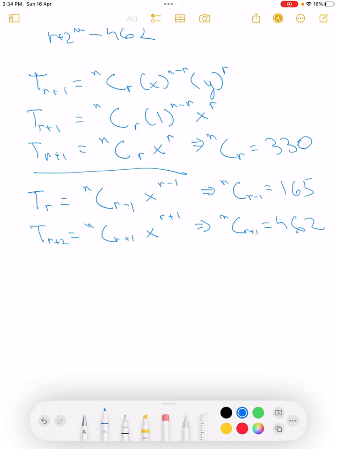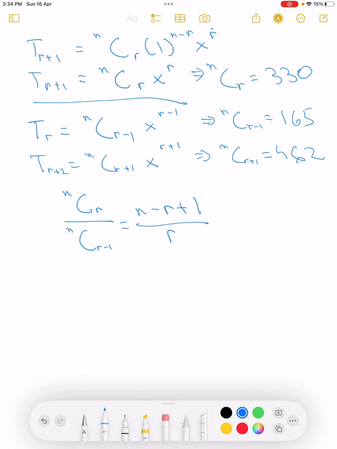So now, in order to solve this question, we'll be using an important result. I'll be proving this result to you after we solve this question. The result is nCr upon nC(r-1) is (n - r + 1) upon r.